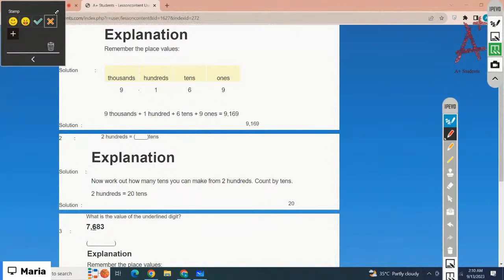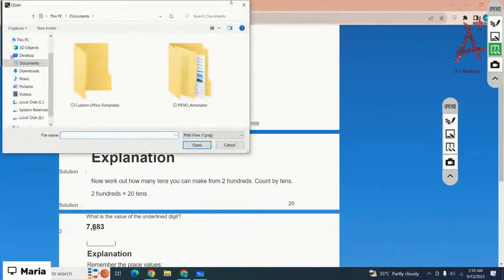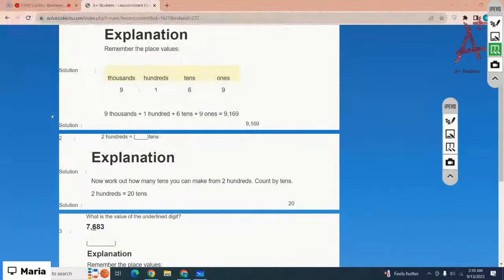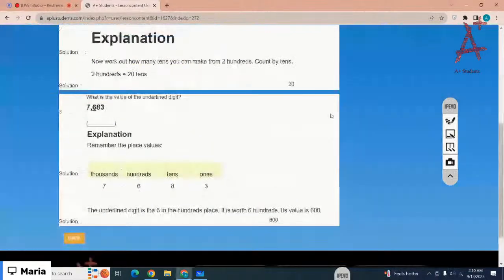Okay. The next example is, what is the value of the underlined digit?